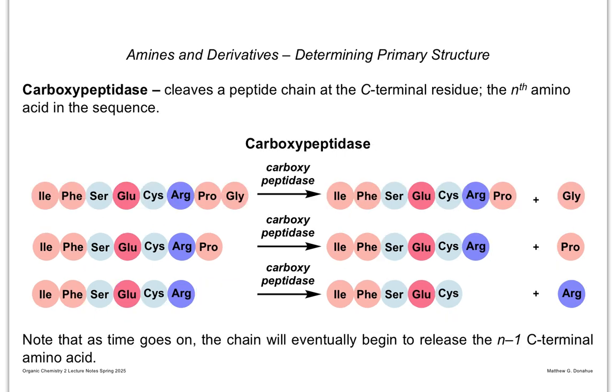The last one is carboxypeptidase, and that's going to clip off the C-terminal residue. So from N to C, when we treat with carboxypeptidase, it's scanning along till it gets to the end, and then it's going to clip there.